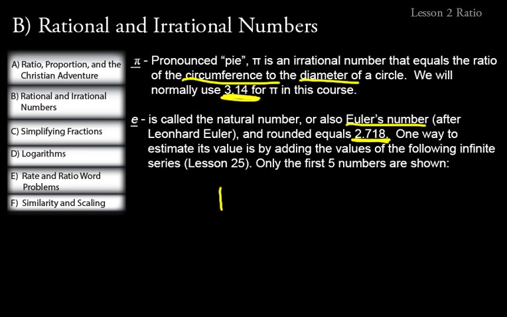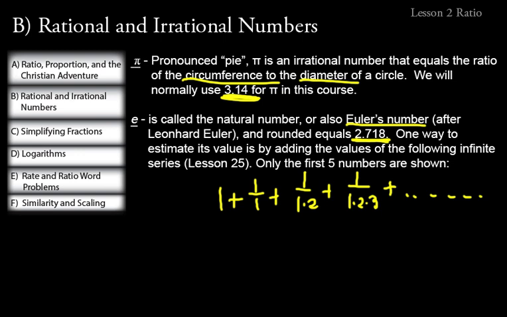You just do 1 plus 1 over 1, plus 1 over 1 times 2, plus 1 over 1 times 2 times 3, plus, I bet you can figure out what you would do next, 1 over 1 times 2 times 3 times 4, and so on. The more of those you add up in that type of pattern, the closer you'll get to the actual value of e.